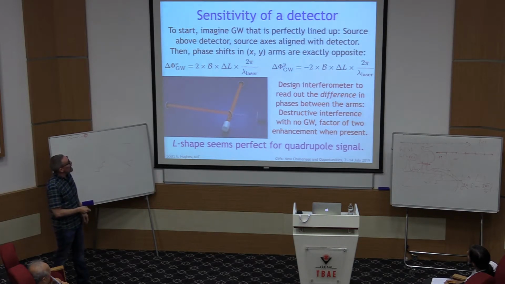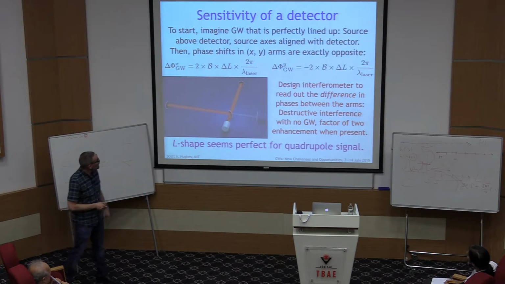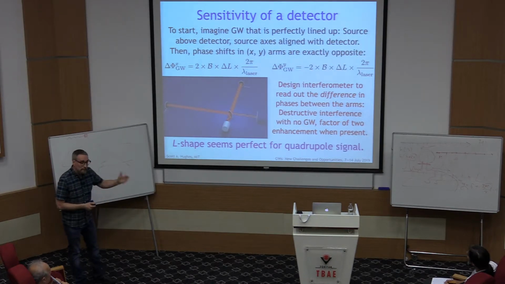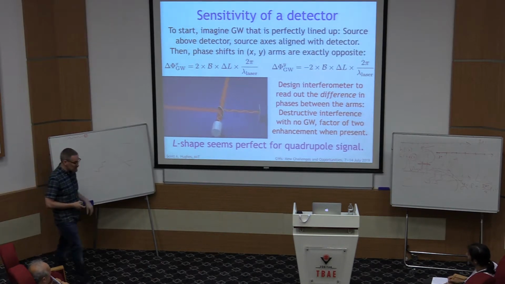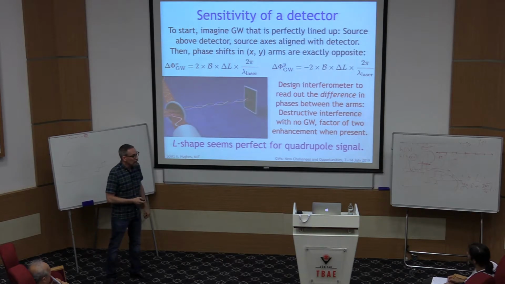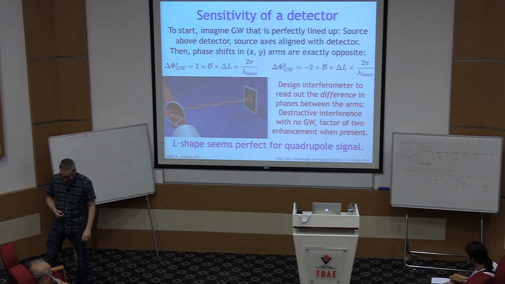Whereas I would get destructive interference in the absence of a signal, when a gravitational wave comes along, it messes up that wonderful interference pattern, and in principle I should be able to use that to detect a gravitational wave, or at the very least to put together a control system which holds the interferometer on a dark fringe or close to a dark fringe so that I can read out the presence of a gravitational wave.